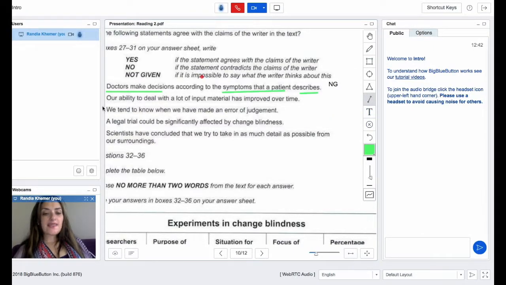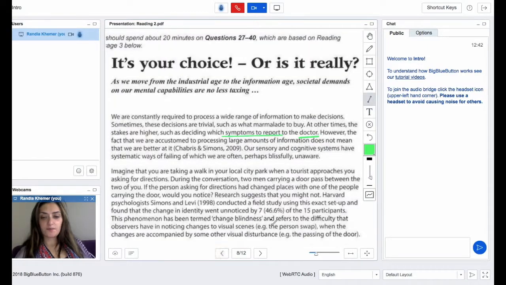Now, our ability to deal with a lot of input material has improved over time. So ability, deal with input material, improved over time. We're going to start scanning quickly. However, the fact that we are accustomed to processing large amounts of information does not mean that we are better at it.